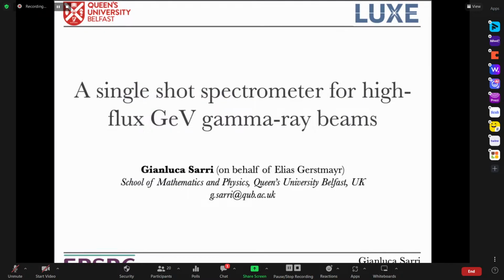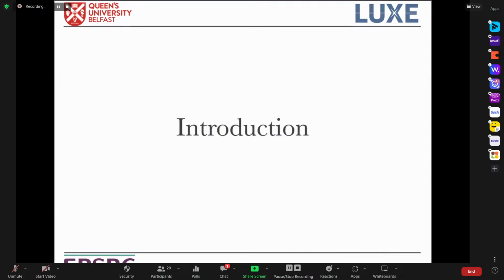It's a single shot spectrometer, so it doesn't need accumulation. We believe this is a detector of interest for measuring gamma ray beams generated, for instance, during high field QED experiments, such as nonlinear Compton scattering.